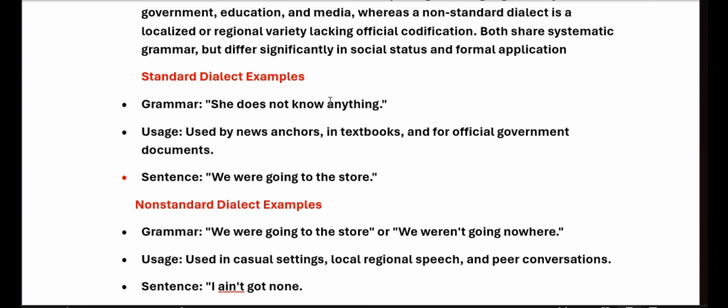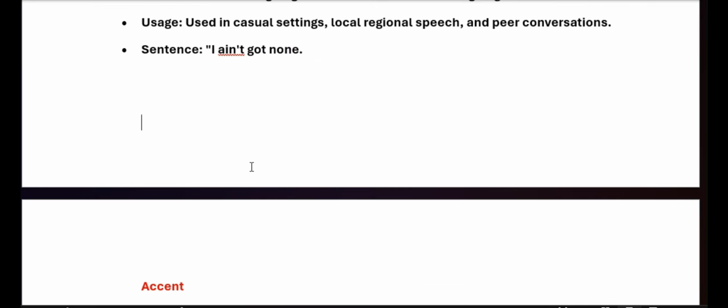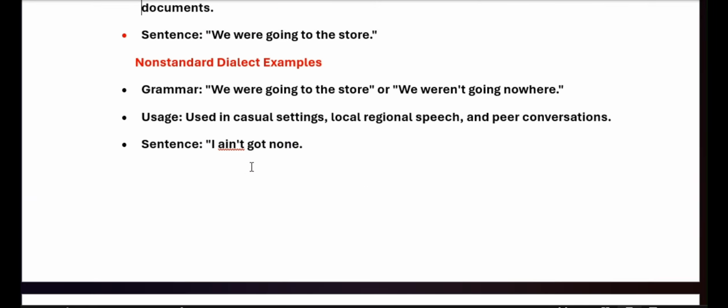Like for standard dialect, an example is given: She does not know anything. Usage: who uses standard dialect: news anchors, textbooks, official documents. Like here the example is given: we were going to the store. Now non-standard dialect examples are grammar: we was going to the store or we weren't going nowhere.